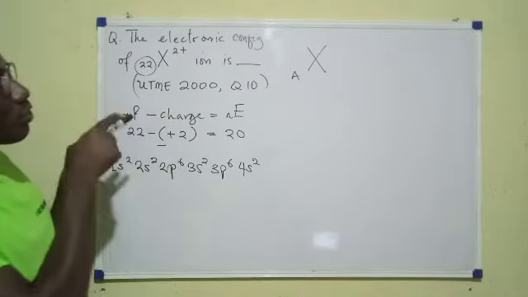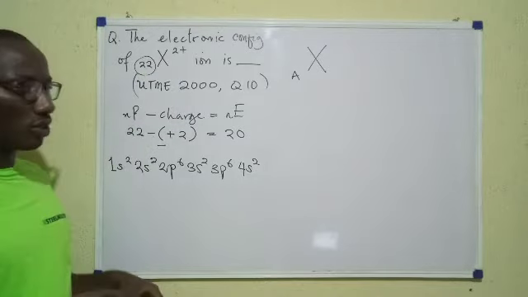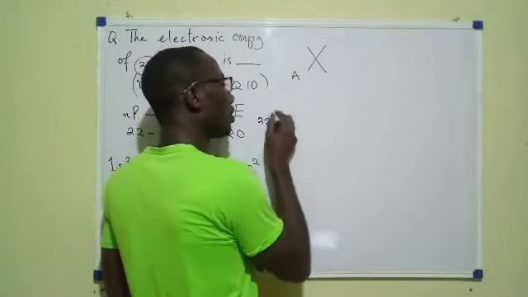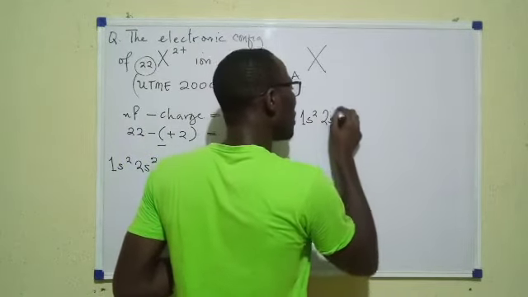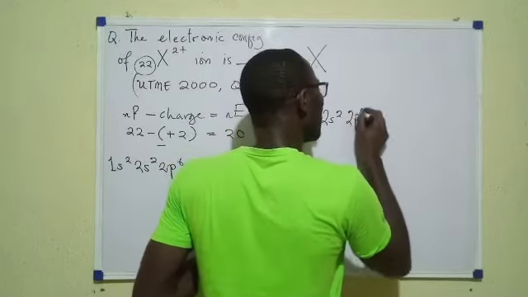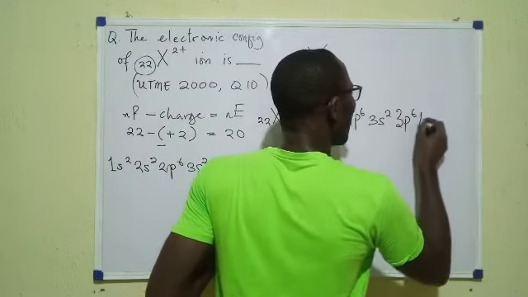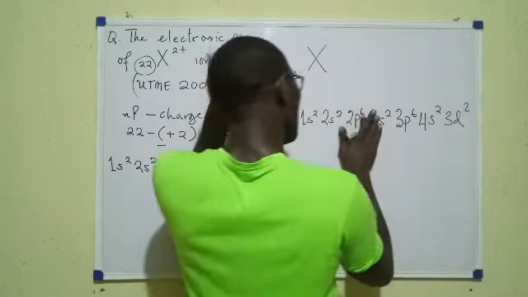So from that electronic configuration that you have written, you will remove 2 electrons. So coming to this side, 22 electrons would be 1s2, 2s2, 2p6, 3s2, 3p6, 4s2, 3d2.